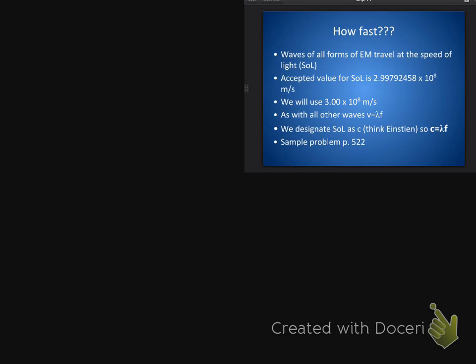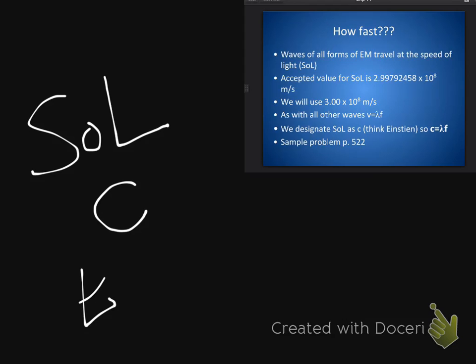Okay, how fast are you going? Well, there is a speed limit universally. And that speed limit is the speed of light. We abbreviate that as C, if you think back to E equals mc squared, Einstein's famous equation. That's a lot of energy.